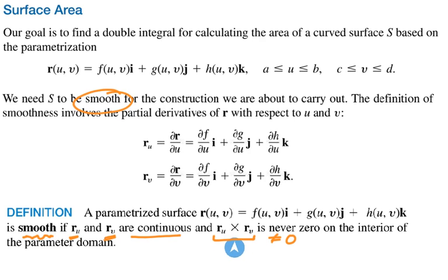The concept of this cross product never being zero, being part of this definition of smoothness, means that both of these partial derivatives are also non-zero and that they are never on the same line. So they can always determine a plane which is tangent to the surface.